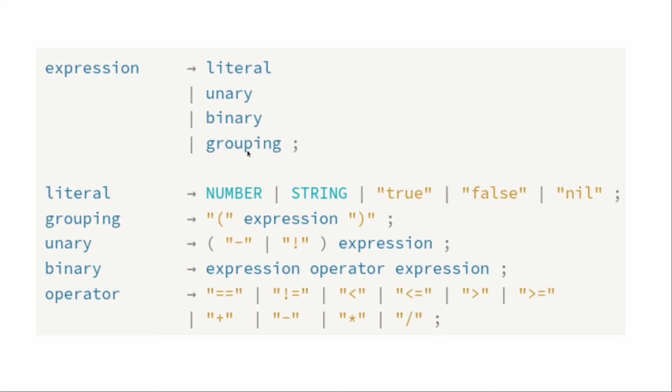So this way you can allow for a tree of different types of expressions, which we'll see later. Here, binary, we see that it's an expression, an operator, and then another expression. And then what's an expression? An expression can be one of these where you plug it in. An operator, okay, we go to operator, we can see that it's one of these, okay, and then we go back to another expression, which is one of these four.